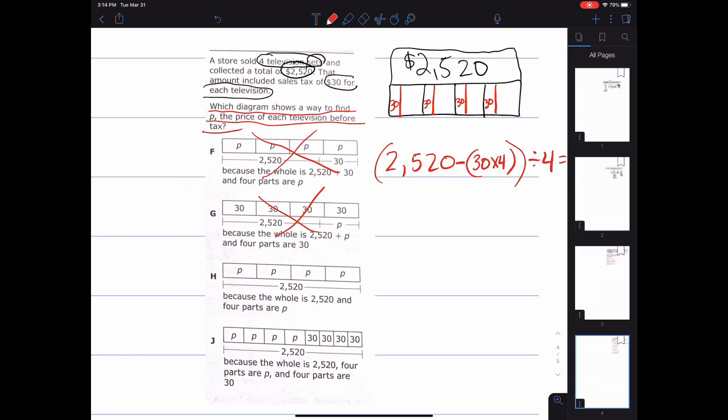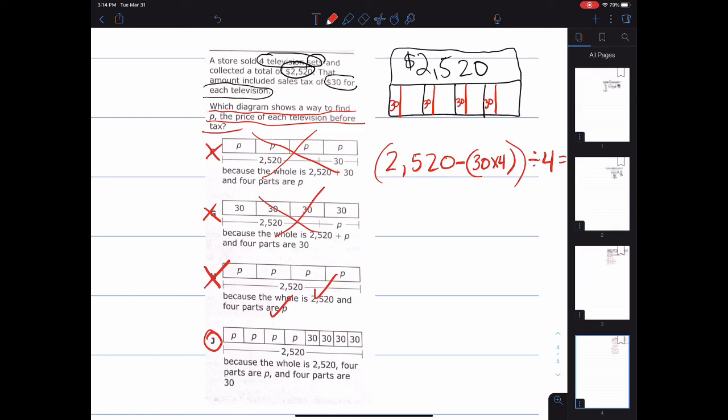So the one that looks the most like my strip diagram is J. I think my answer is J, but I'm still going to look at H and see what it says. H says the whole is 2,520, that part is true, and their 4 parts are P. But he forgot to put the 30. So I know that one's wrong because they forgot that.